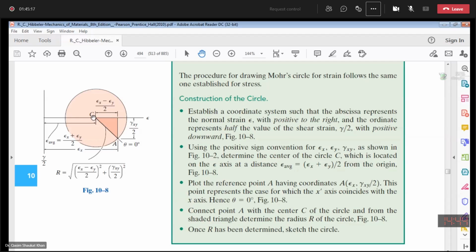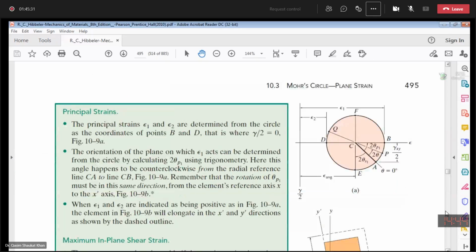So moving from the reference line CA in the counterclockwise direction towards the plane CB, this is shown in the figure below. That will be 2 theta P1, and using trigonometry we can calculate 2 theta P1. 2 theta P2 will be simply 2 theta P1 plus 180 degrees.